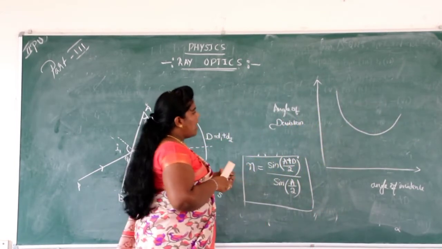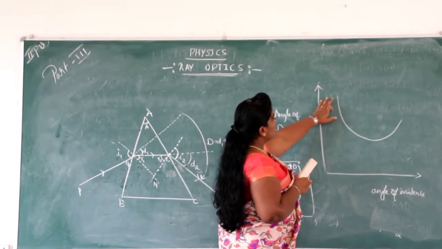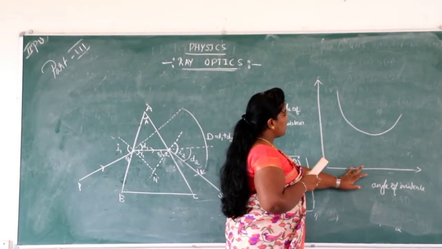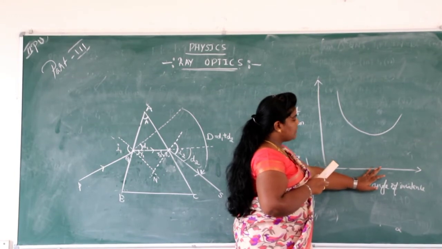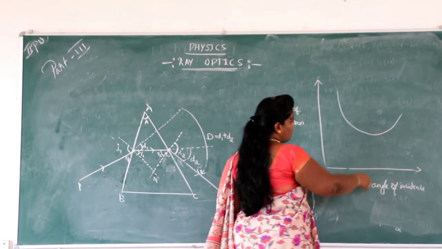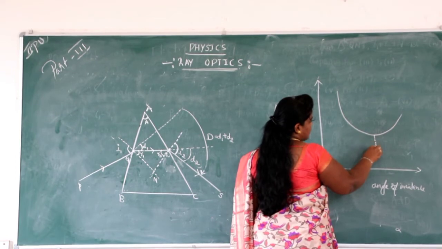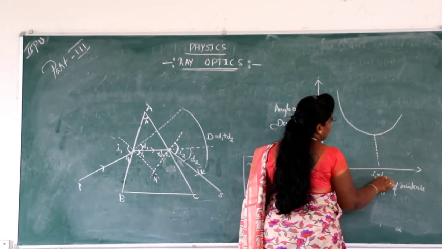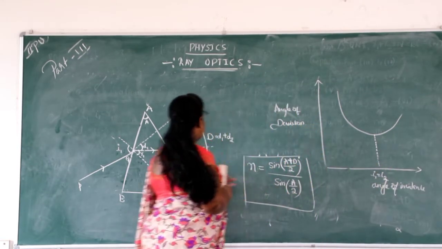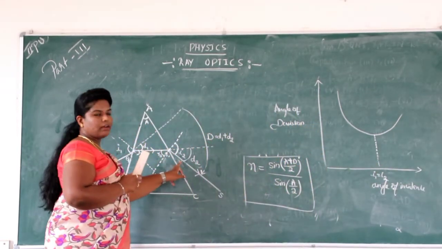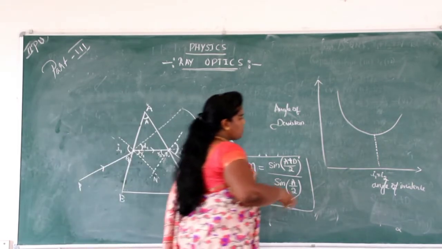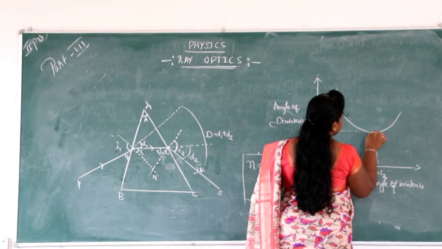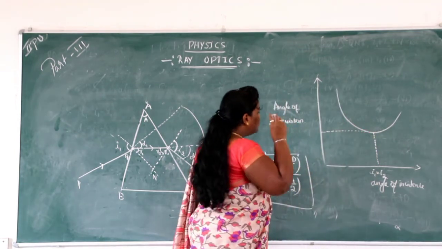You can observe that the angle of deviation is more while the angle of incidence is less. As you increase the angle of incidence, the angle of deviation decreases. At some point, the angle of incidence becomes equal to the angle of emergence, because I1 is the angle of incidence and I2 is the angle of emergence.